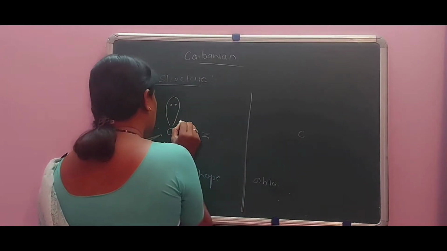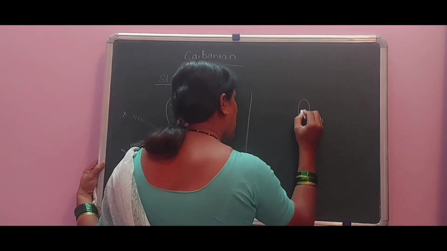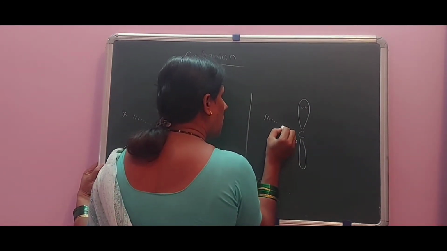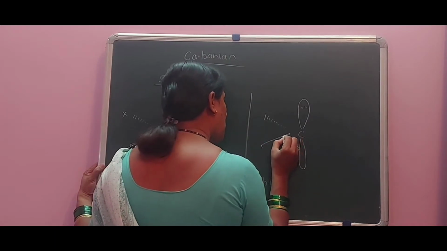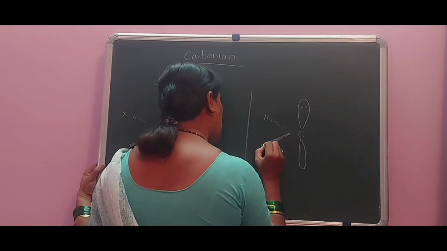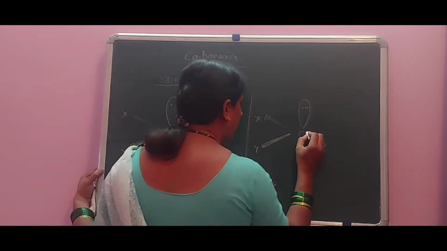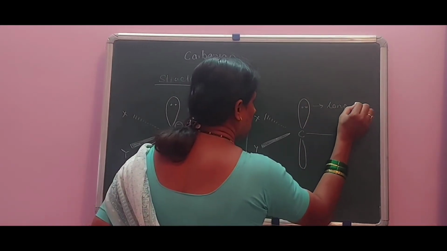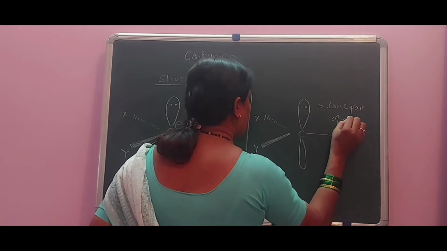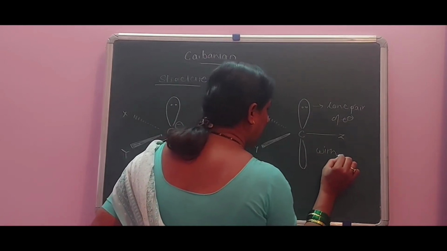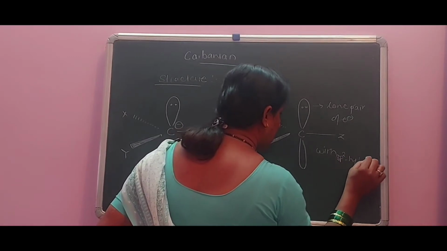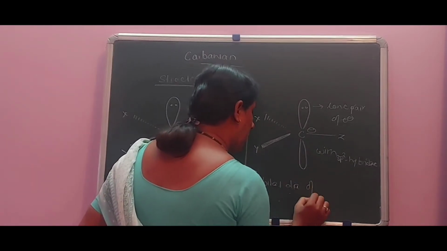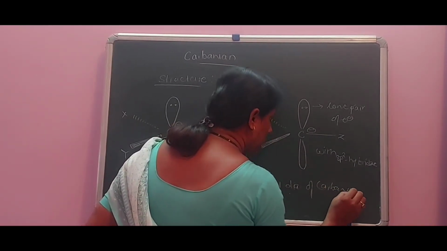This is a carbanion, with X, Y and Z axes. This is a lone pair of electrons on the carbon atom, whose orbital diagram is shown here.